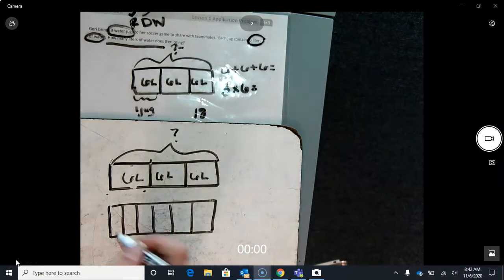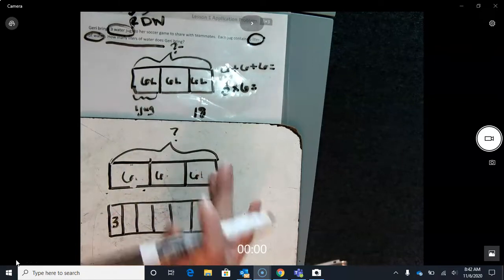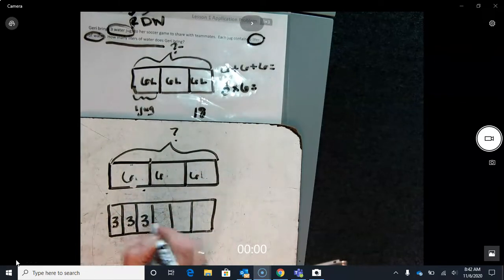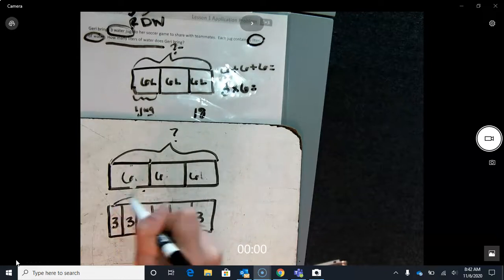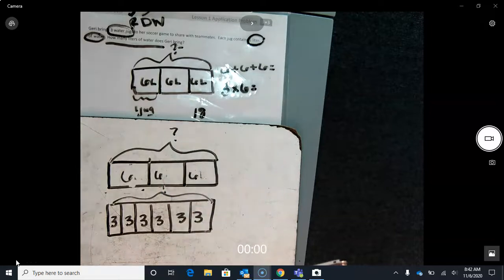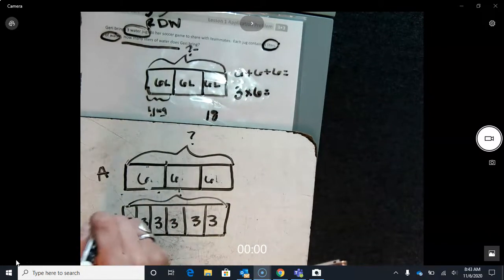All right, take a look. I'm going to take away the unit there. Take a look at the 2 tape diagrams that I have drawn. And think about which one of these, tape diagram A or tape diagram B, represents the tape diagram from our application problem.